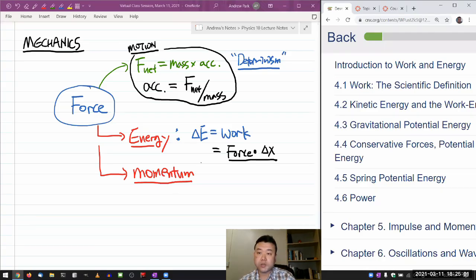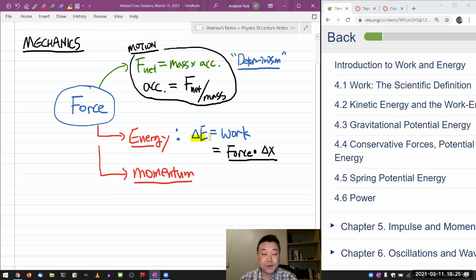And when we were talking about momentum, that also connected to force. With momentum, we do define the quantity of momentum, in contrast to the quantity of energy. If you look at the chapter carefully, we never really define energy. In chemistry, maybe, energy is sometimes defined as the ability to do work or something like that, but that ends up being circular.